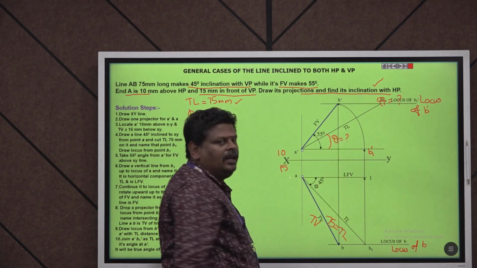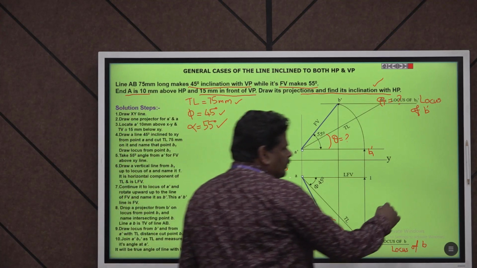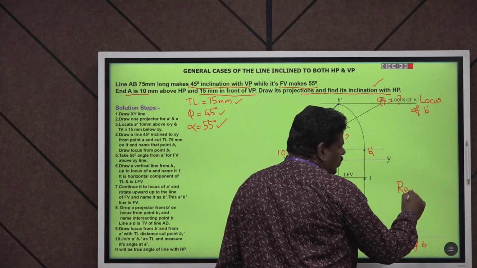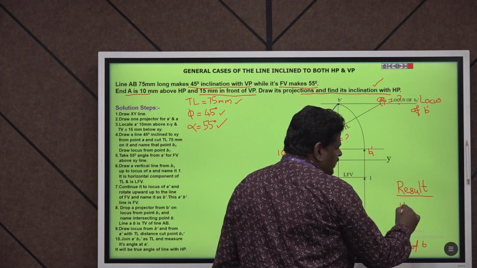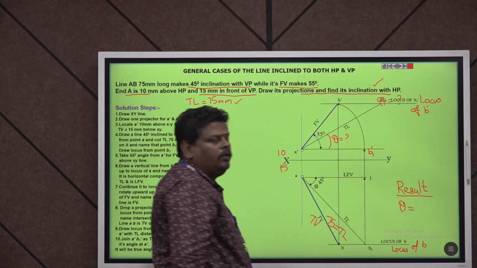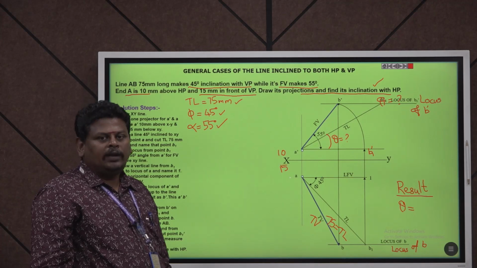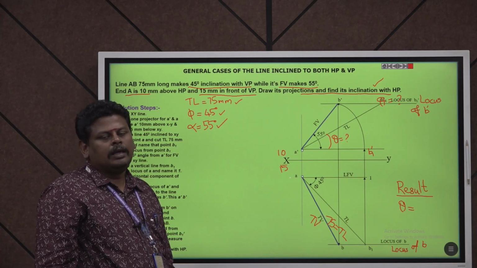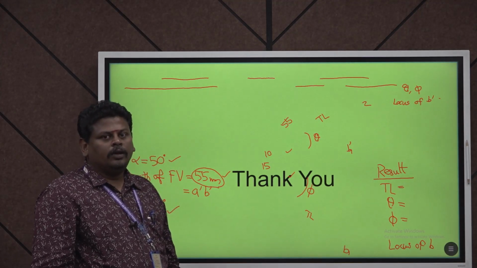So, find this angle by measuring it, and write it as a result. Always write the result at the bottom, and indicate the value of theta. After measuring the value of theta, kindly indicate the same over here. So, that will mark the end of this problem. Okay. Thank you for listening.